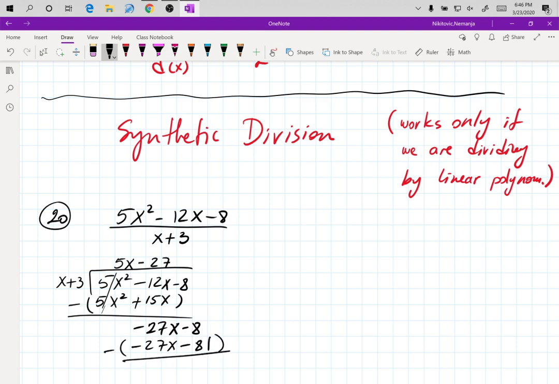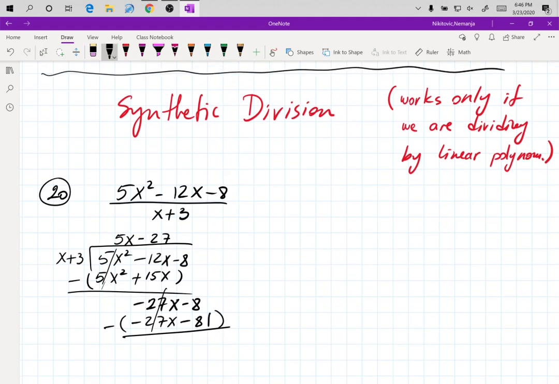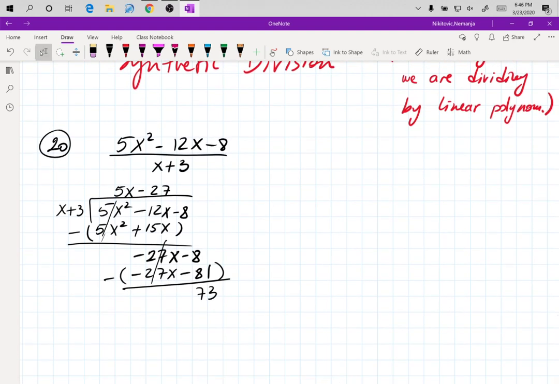Then you subtract. The first guys cancel. Minus 8 plus 81, that's going to give us negative 73, I believe. Right? No, sorry, positive 73, because minus and a minus gives us a plus. So the answer is 5x minus 27 plus 73 over x plus 3. So this is what we did with the long division, and this is how much you have to write to divide it in a long division.